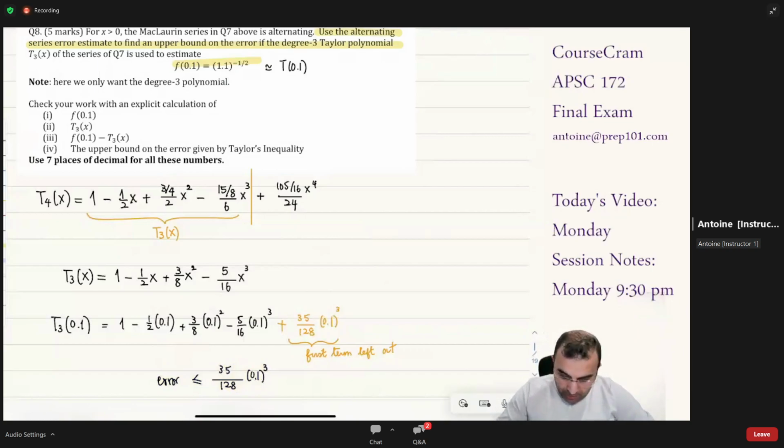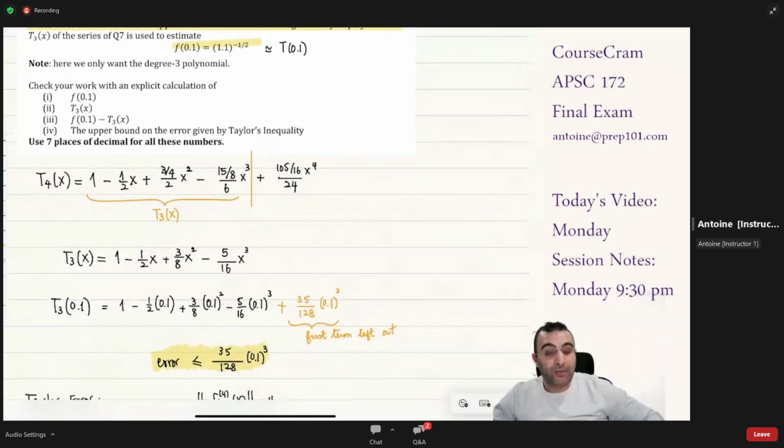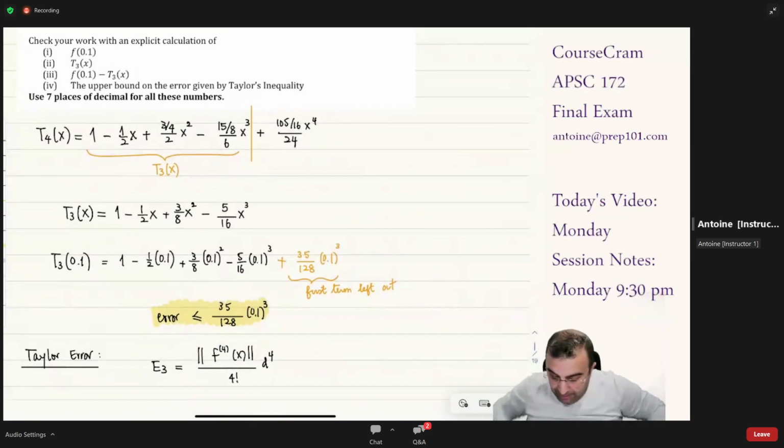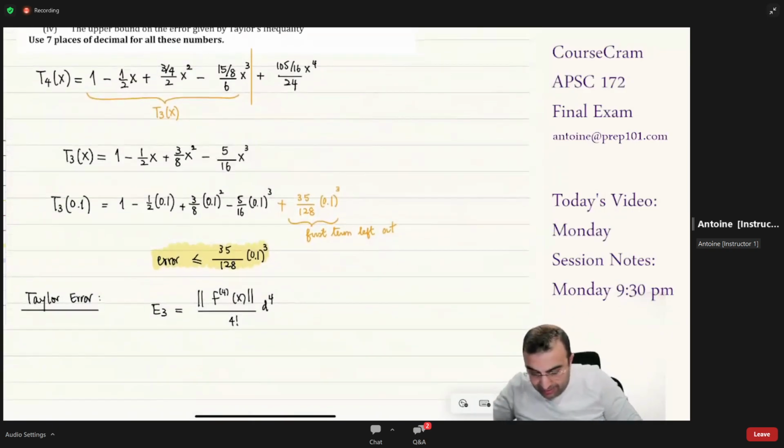I only caught this when we were looking at the Taylor polynomial. So let's see where this is the Taylor centered at 0. We're evaluating the error at 0.1, so that's d equals 0.1.